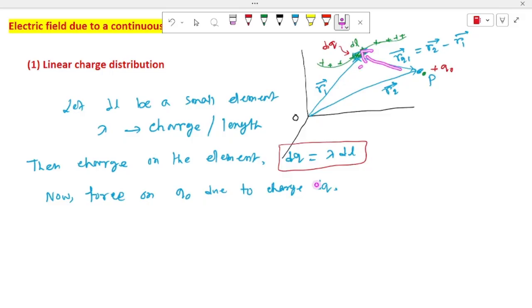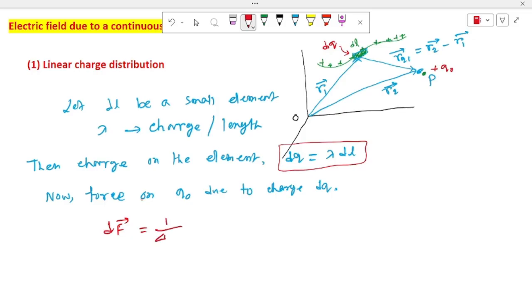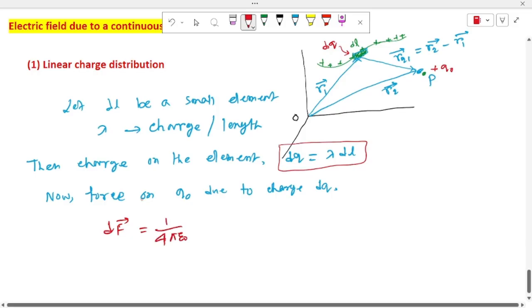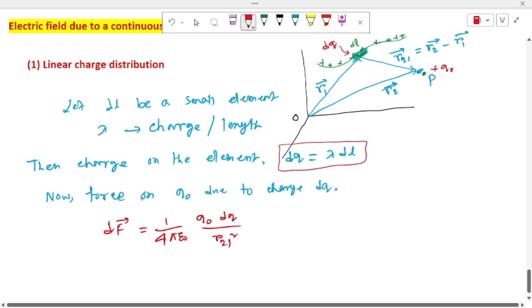The force between this plus q naught and dq, from Coulomb's law, is clear. The expression of force will be df vector, because this is due to the small element dq charge. So df vector is equal to 1 by 4 pi epsilon naught q naught dq by the separating distance, which is r21 square, r21 cap.